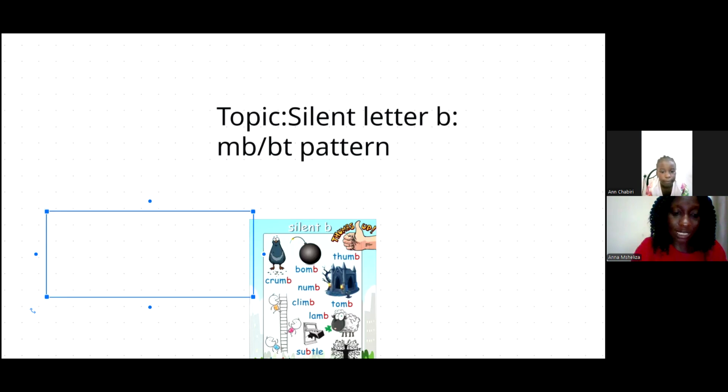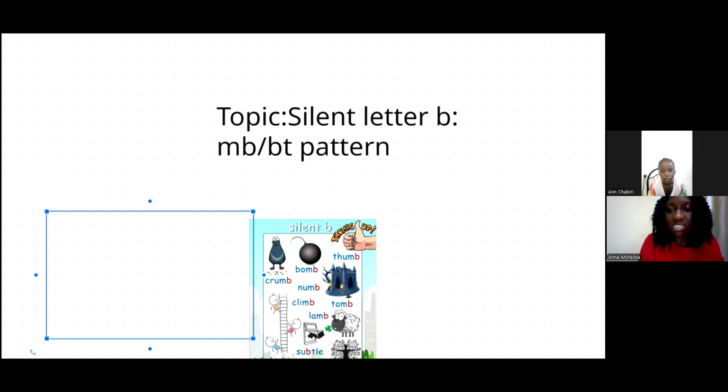The B is also silent in the word subtle. Subtle means soft, similar to the word soft. I can't see the word. Okay, let me fix it. Can you see it now? Yes.